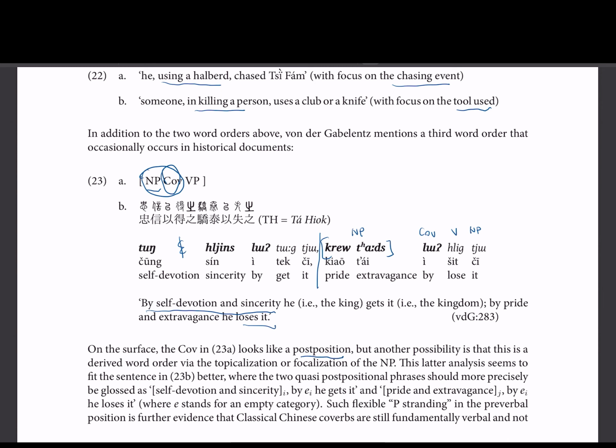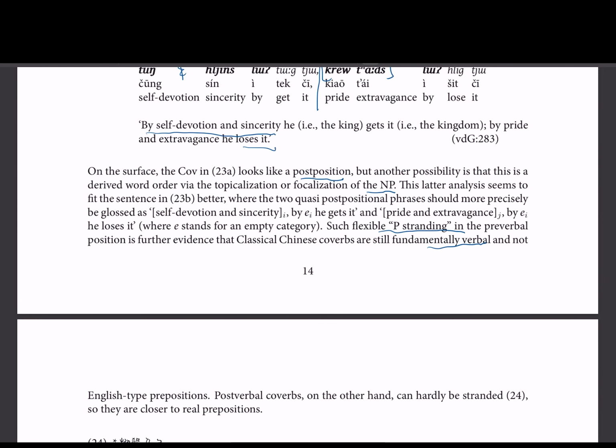But there's another possibility, and that other possibility is that this is a derived word order via the topicalization or focalization of the NP. This kind of flexible P stranding in the pre-verbal position can probably be taken as further evidence that classical Chinese coverbs are still fundamentally verbal and not really prepositions of the English type.